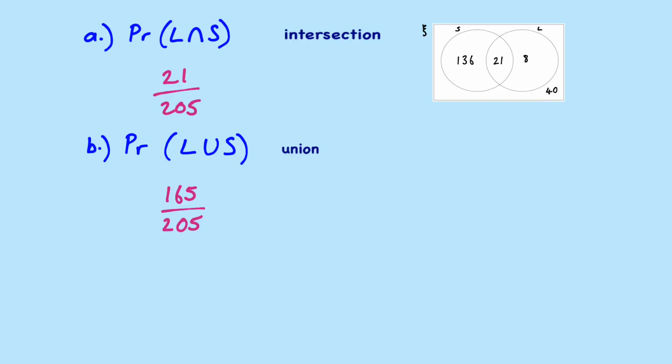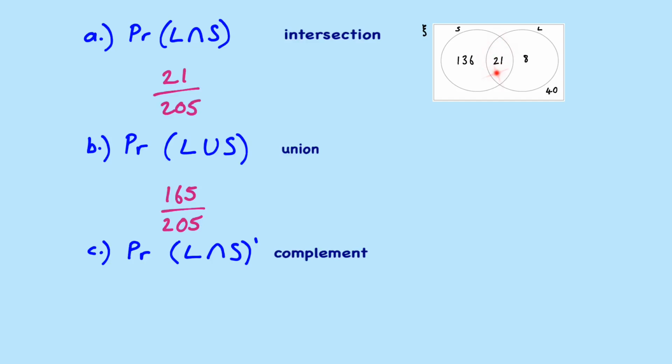In the final part of the question, we have the probability of L, remember this means intersection, S, and this little funny dash. Now this dash actually means the complement. The complement means the probability that the students are not in the intersection of L and S. So that means this section is not what we want.